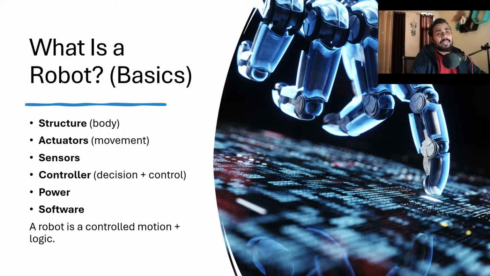All right. So, in order to have something physical, we have to have a structure. So, the body of the robot, the bare bones of the robot, provides that structure. Then we have movement that can be achieved through actuators. I will discuss the actuator in a little bit.